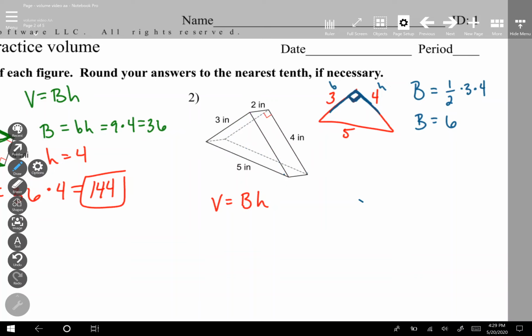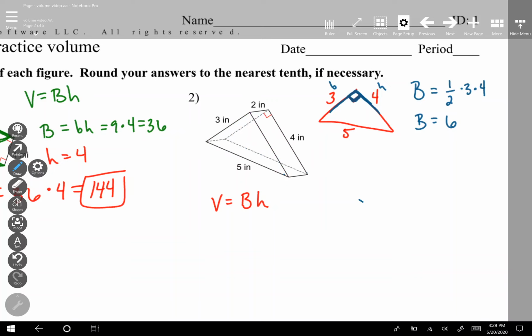Now we need the height of our pyramid, which is this line going straight up in the middle. You can know the height because they're going to point to it, okay? So this is our height. So the height of our pyramid is 9. And now the volume. 1/3 times the area of the base, which was 30, times the height, which is 9.